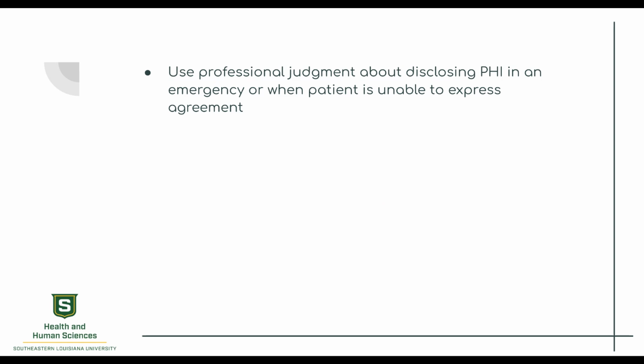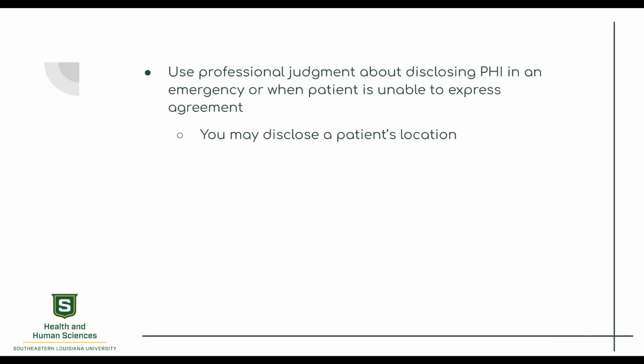There are other things that you will require professional judgment in deciding what to disclose, especially in cases of emergency or where a patient is unable to express agreement or consent in any form of written authorization.